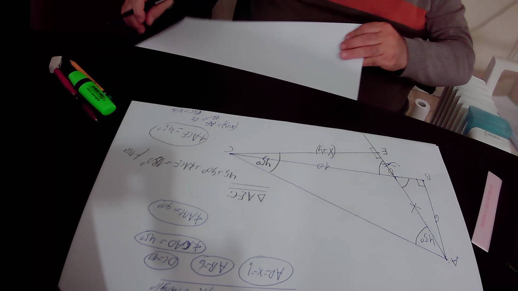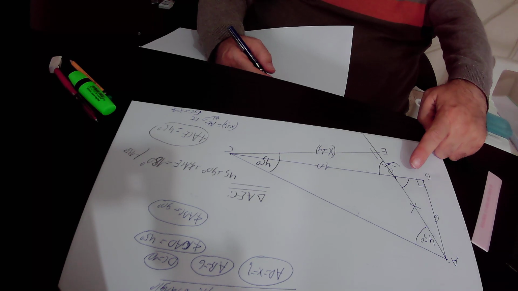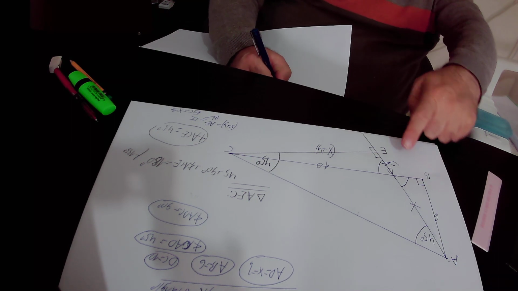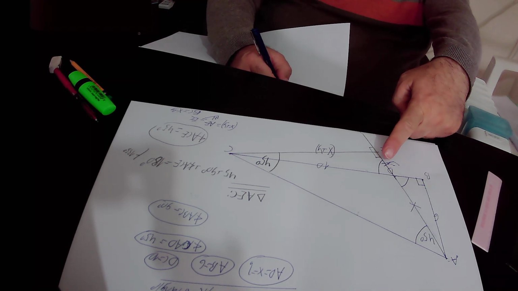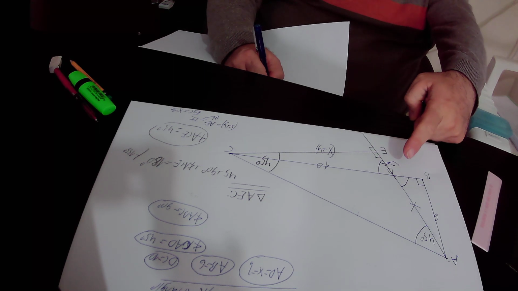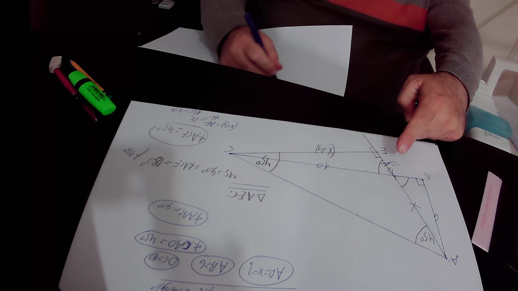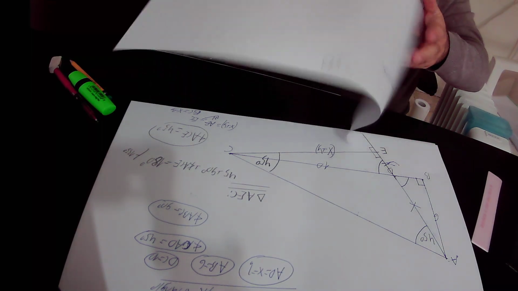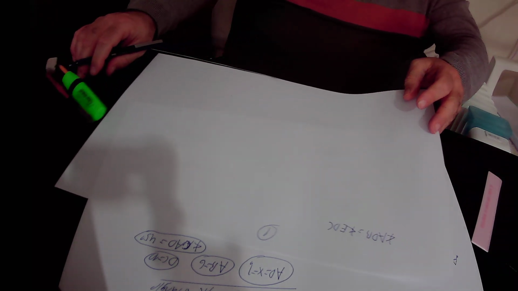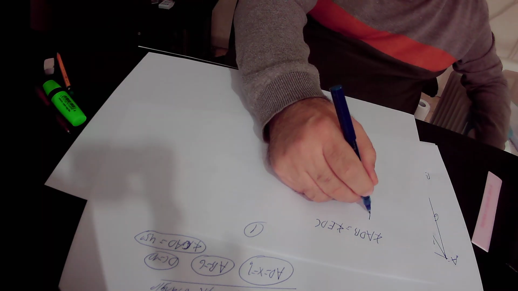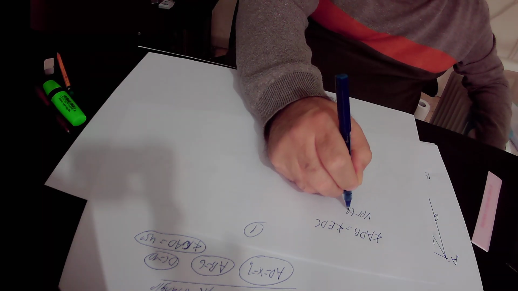This angle, that is actually angle ADB, is equal to this angle that is actually angle EDC. And those two angles are equal to each other according to the rule that vertex angles are equal to each other.